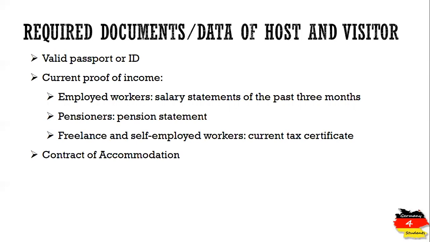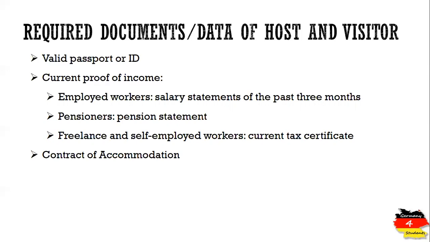And if you want the visitor to stay in your home, in your accommodation, in your apartment, then you have to present the contract of accommodation, or Mietvertrag. This will be required also for the authorities to check whether you have enough space to accommodate your visitor.